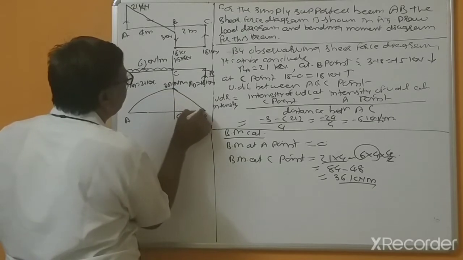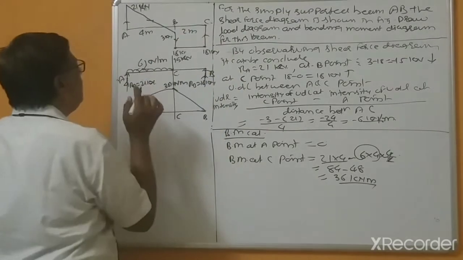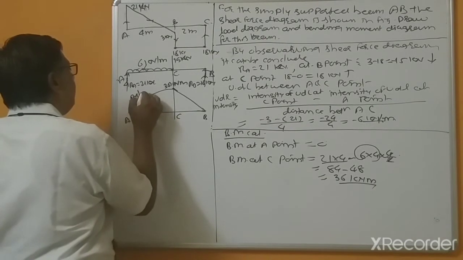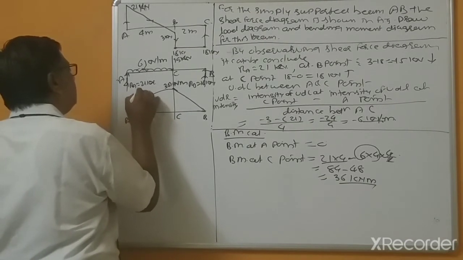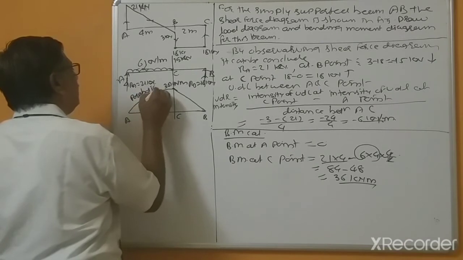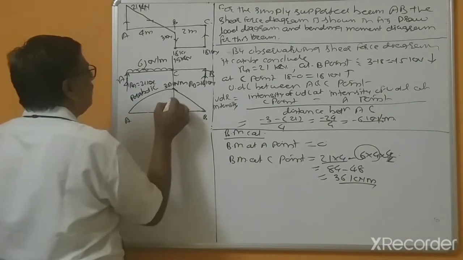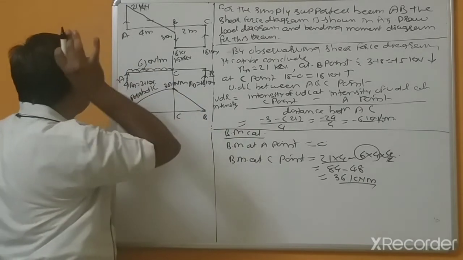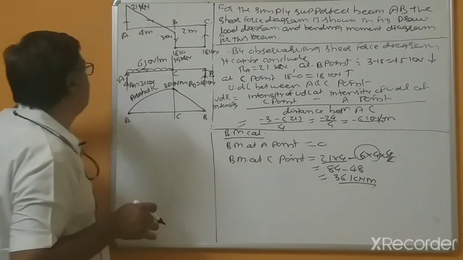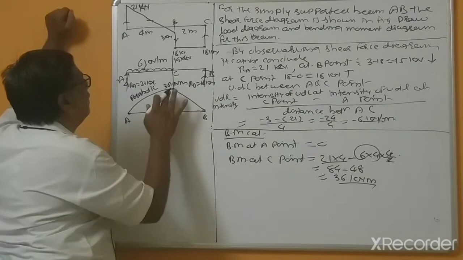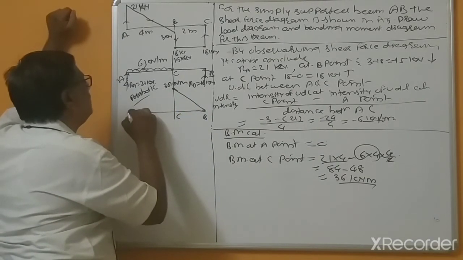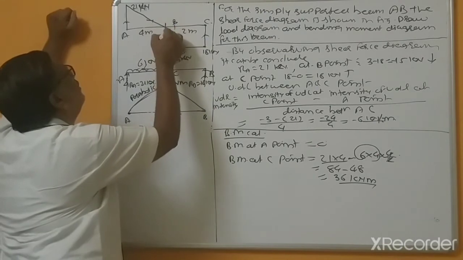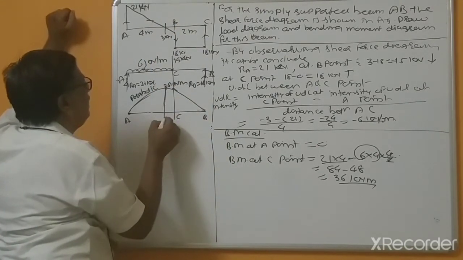Because the nature of the curve is the parabolic curve, and this is maximum bending moment. Here you will get maximum bending moment.